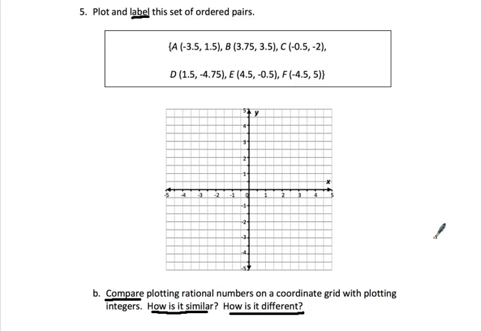I'm going to give you 4 minutes for this because you need to plot your points, which should not take you very long, but then you need to think about how you're going to write out your answer. And I need a fully written answer, complete sentences, compare and contrast. How is it similar? How is it different?